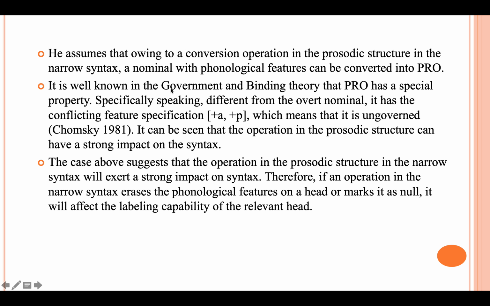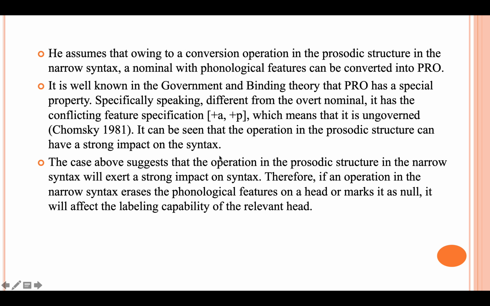If we have a thought of the theory of governing binding, we can see that there's something interesting here. That is, according to the governing binding theory, pro has a special property. That is, in its governing domain, it should be both bound and unbound.